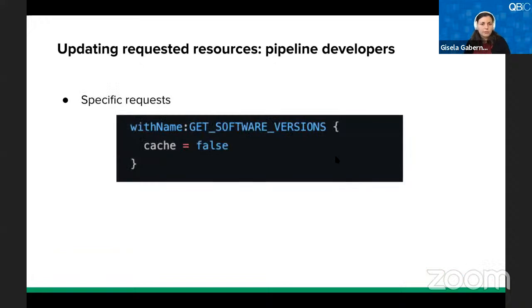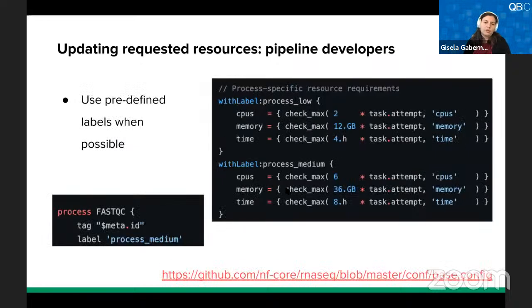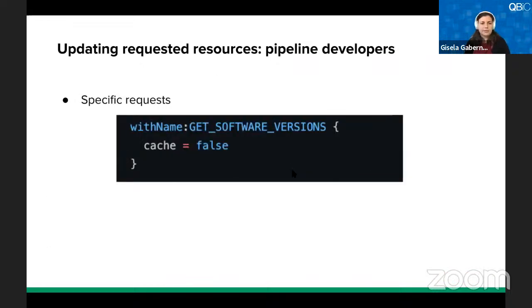However, for some of the processes, you might need to define some defaults that are not matching any of these labels here. In this case, you can also define the resource request for that process with the withName statement, and there, instead of a label, you provide the name of the process directly.